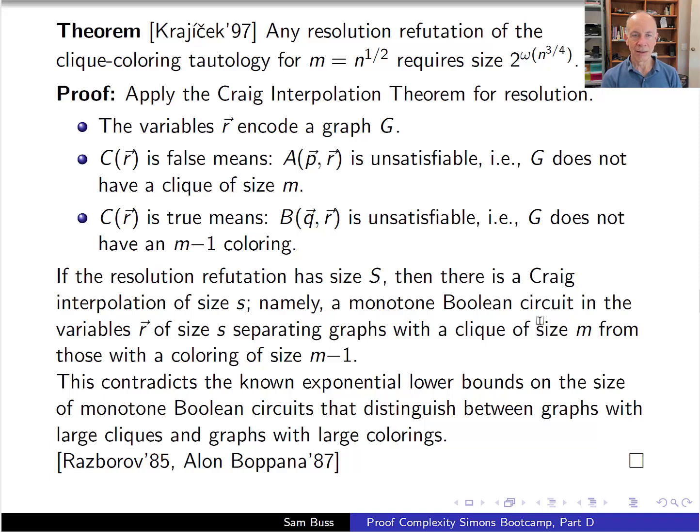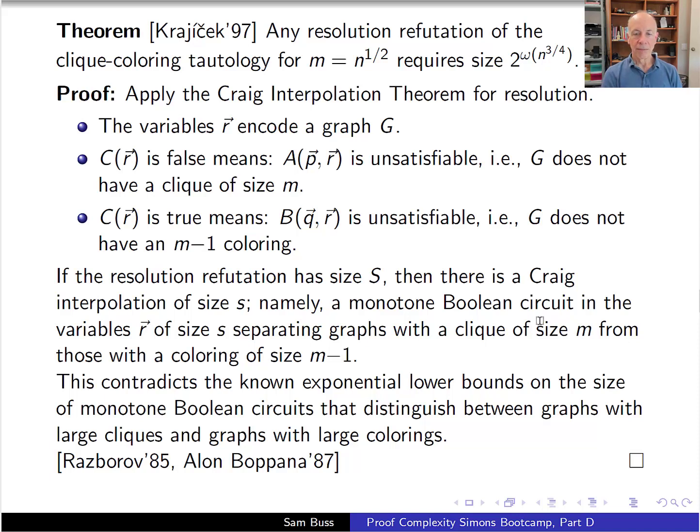The Craig interpolation property tells us that if there's a short resolution refutation of size S, we get an interpolant, and if the interpolant's false, it means that A of P,R is unsatisfiable. In other words, that G does not have a clique of size M. If C of R is true, then B of Q,R is unsatisfiable. In other words, G does not have a coloring of size M-1.